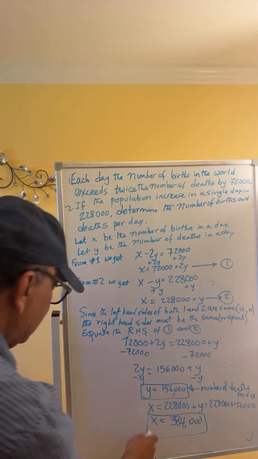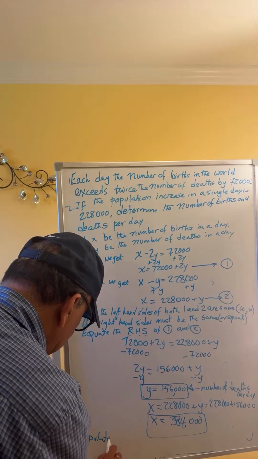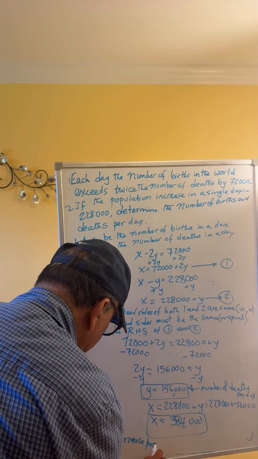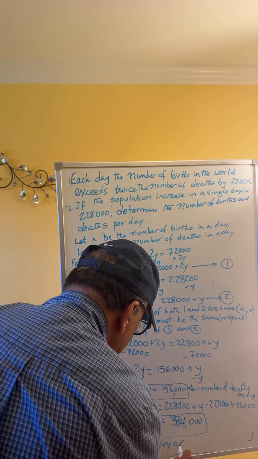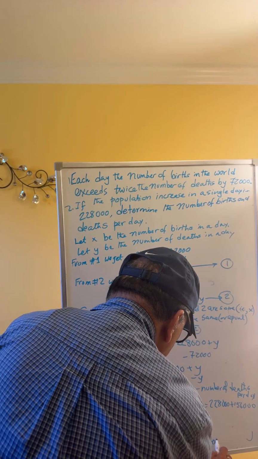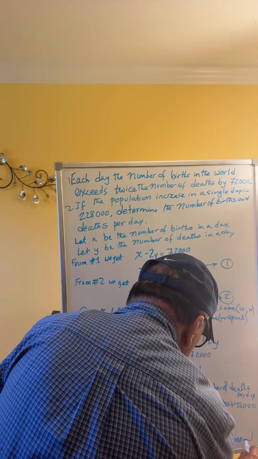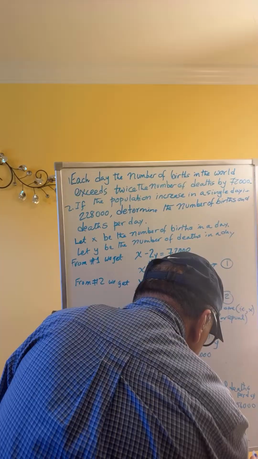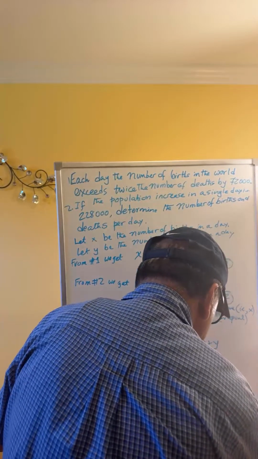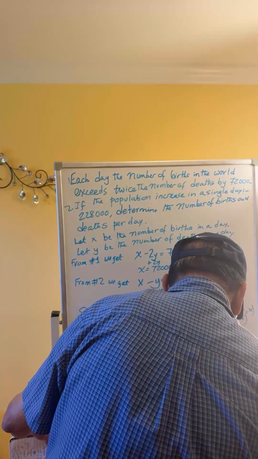So let's check. Population increase per day is the number of births minus the number of deaths. 384,000 is the number of births minus the number of deaths, 156,000, and that works out to be 384 minus 156, which is 228,000, which checks out.